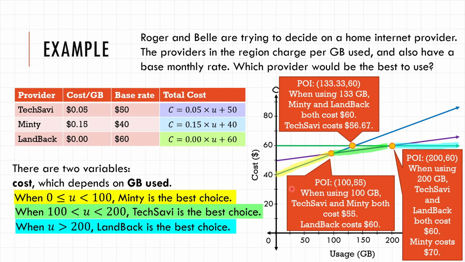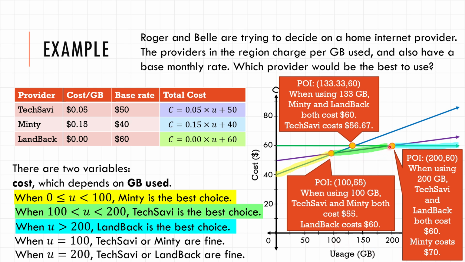So that's the end of this question here, right? When the usage is between 0 and 100, we can see Minty is the best choice. Between 100 and 200, Tech Savvy is the best choice, and after 200, Landback is the best choice. If your usage is exactly 200, then either Tech Savvy or Landback would be fine, because both of their costs are the same.